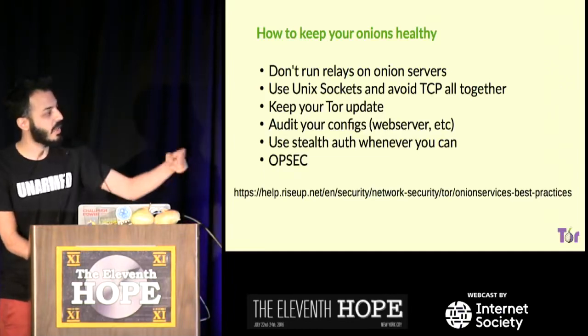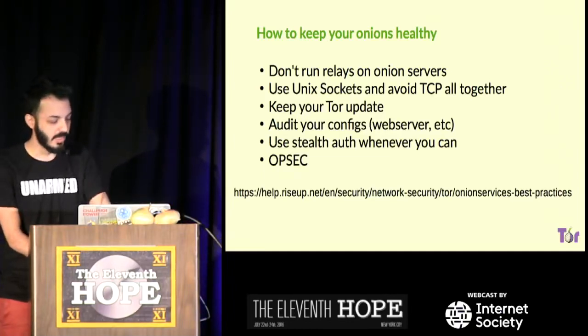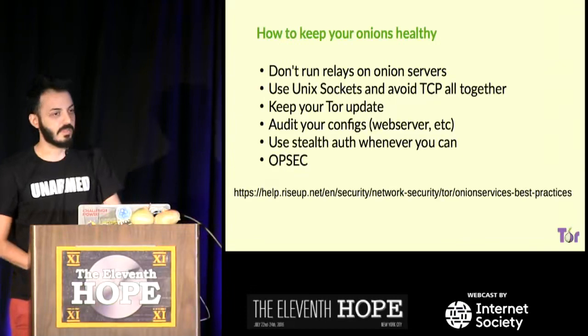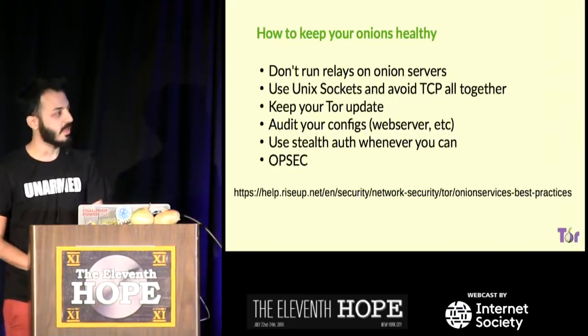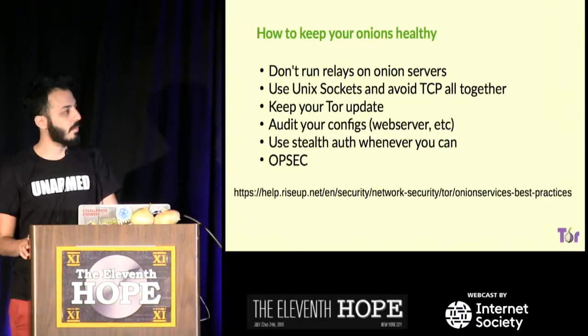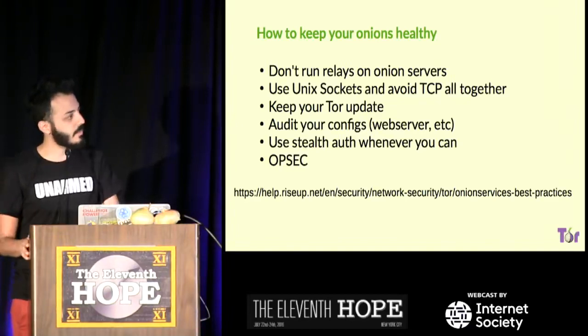If you go to that, I know it's a lengthy link down there, but if you search the internet for Rise Up onion services best practices, you can find that link. Good people of Rise Up have put together a best practices document on how to run onion services with the most security.